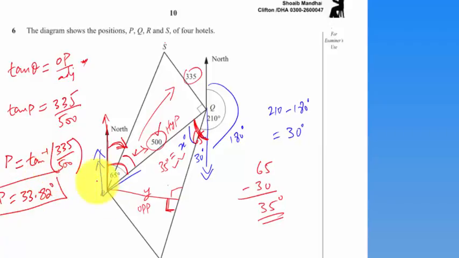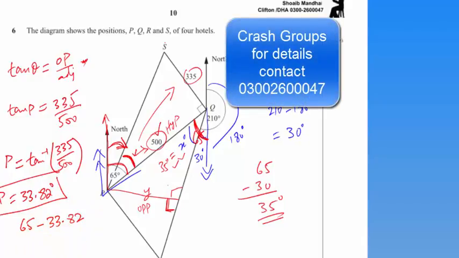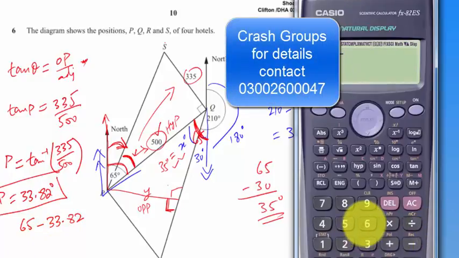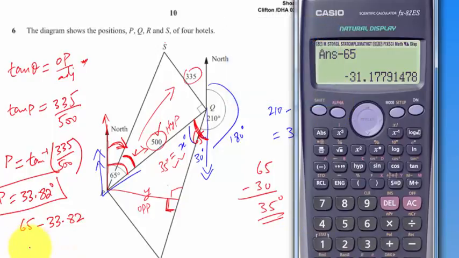Okay, this angle would be, the total angle is 65. We'll minus this part to get the bearing, which is 65 minus 33.82. The angle would be 31.17.